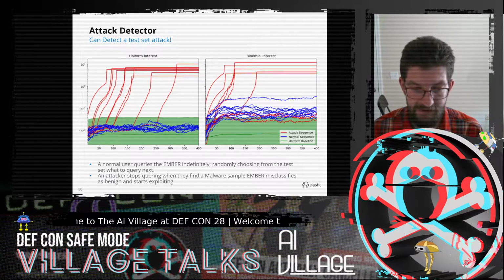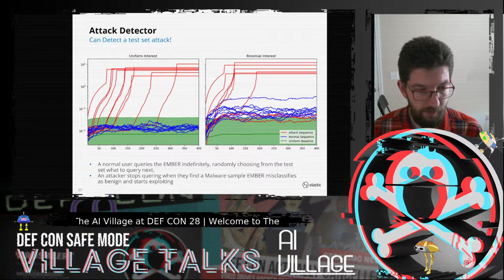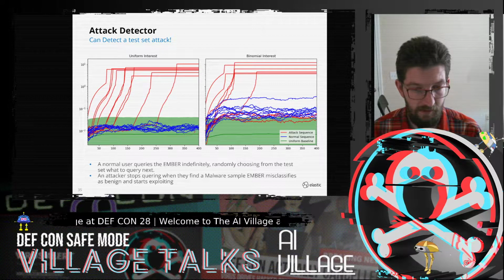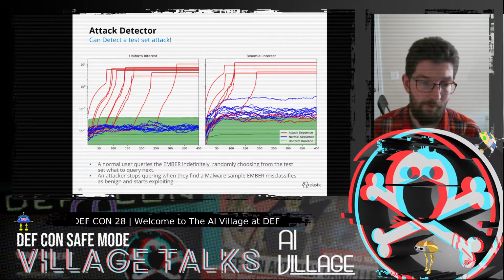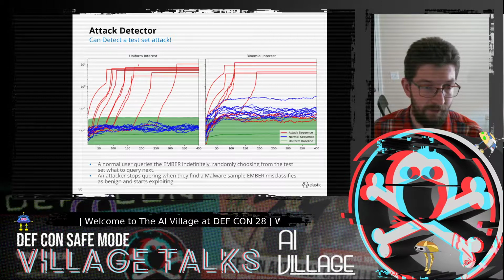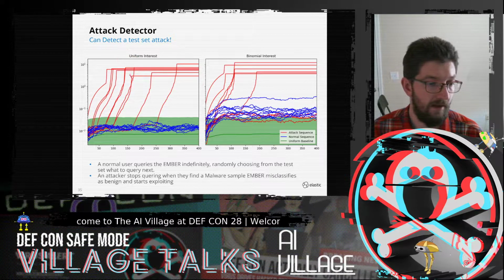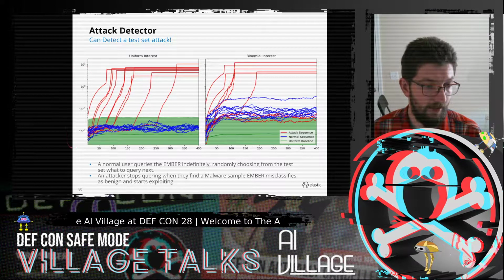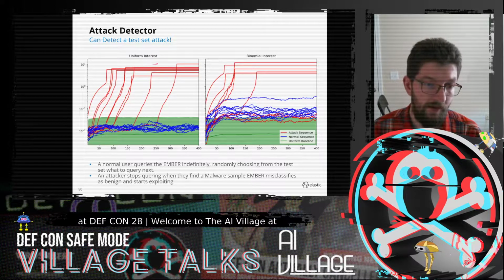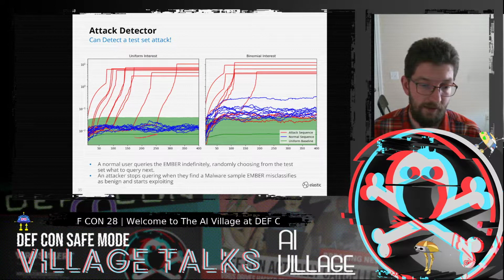My normal users, you can see, have a KL divergence for their sequence within one standard deviation, but all my attackers, the moment they find an exploit, spike up to a very high KL divergence. You can see on the side that this is a logarithmic graph, so my attackers have literally got 100 times higher KL divergence than my benign users.